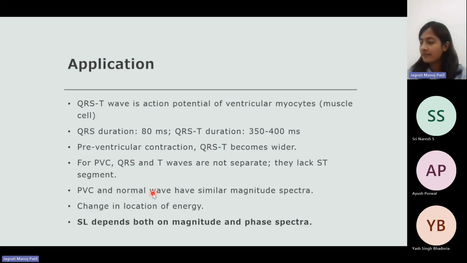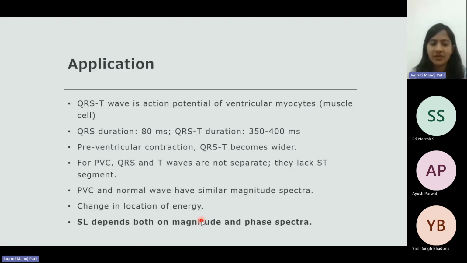If the magnitude spectra is the same, the phase spectra won't be the same. So there might be a variation in the energy, or in how the energy varies from point to point. So here the signal length depends upon the magnitude and phase spectra.